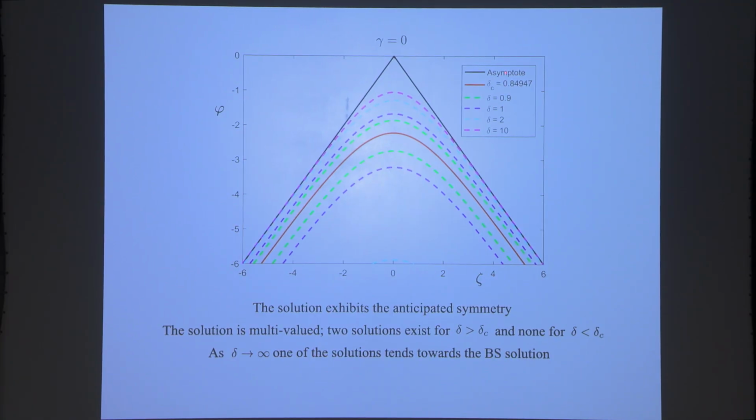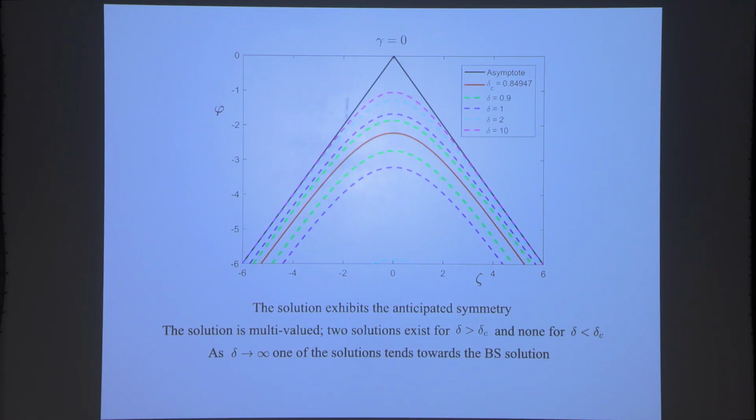If you try to lower it below this, you find there is no solution. However, for the values that I indicated here, you tend to see that there is another solution. In other words, for 0.9, there are two solutions. For 1, there are two solutions. And similarly for the bigger values, except that for, say, delta equal to 2, the second solution is here, so I didn't put it in the graph anymore.